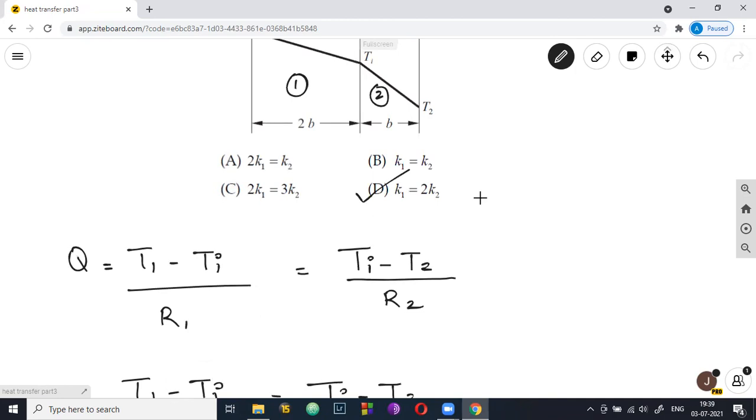Guys, is this clear? Yes, sir. Others? Chaksu, Anaka, Akash. Yes, sir. Okay, Rishi. Okay, clear. Okay, thank you. So this is the answer of this.